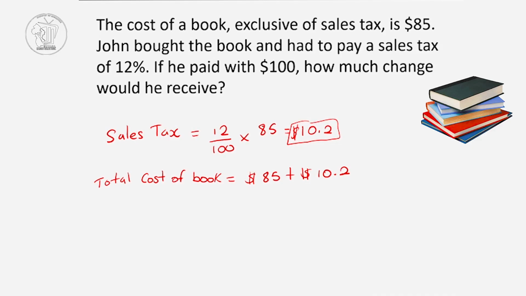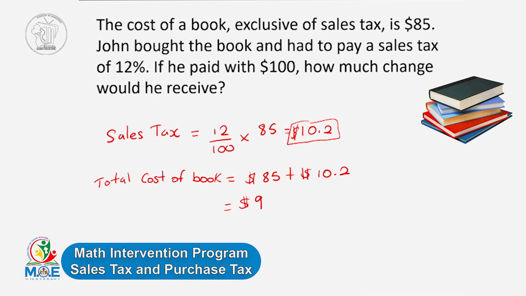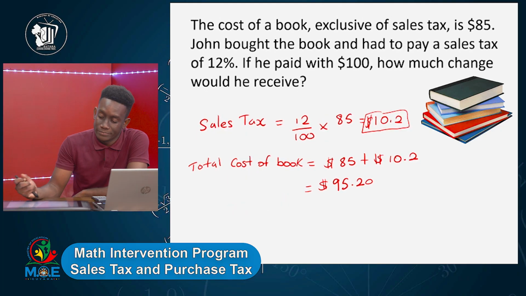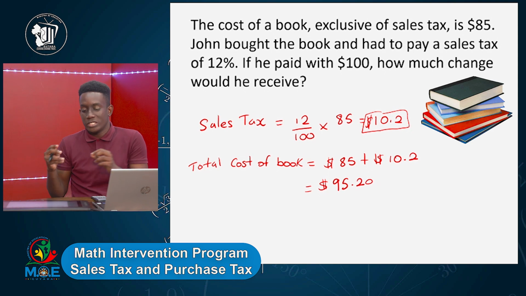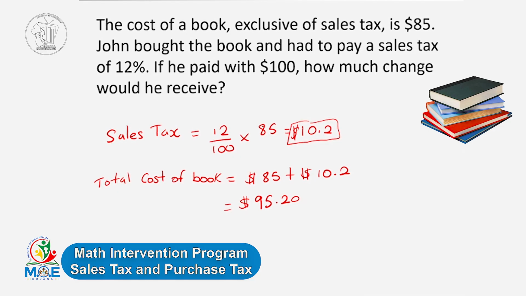We add these up: 85 plus 10.2 gives us 95.2, or $95.20. Same thing. So how much change would he receive if he paid with $100?